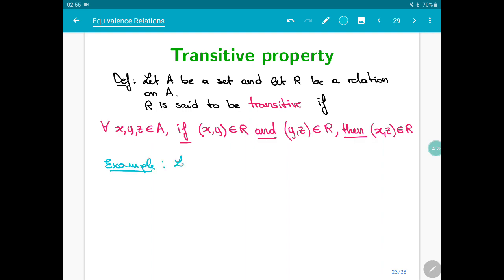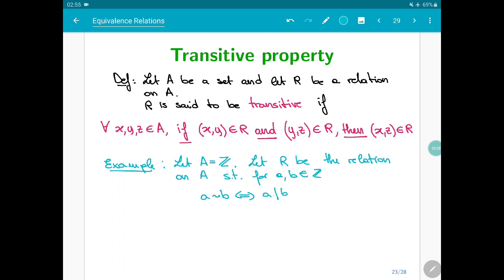Let us consider A to be the set of integers, and we consider the relation R on A such that for a, b in Z, a is in relation to b if and only if a divides b.